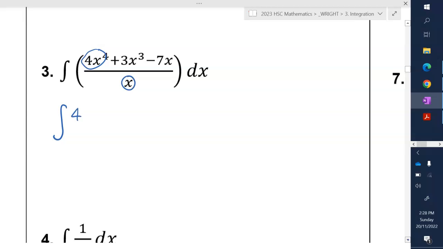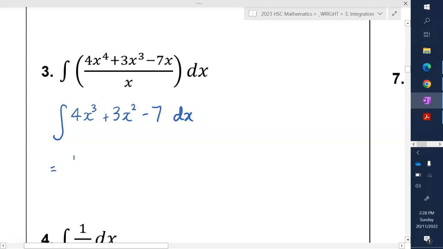So if I get 4x to the 4 divided by x, I'm just going to have 4x to the 3 left. If I divide 3x to the power of 3 by x, I'm going to have 3x squared. So I'm basically crossing that off one of those, and it goes to a 2. Lucky last, I'm going to divide 7x by x, and I'm just going to have 7. And this is my new function that I'm going to integrate. So we've just simplified what's up there.